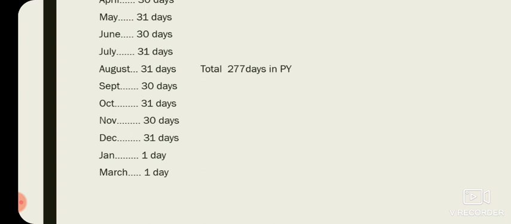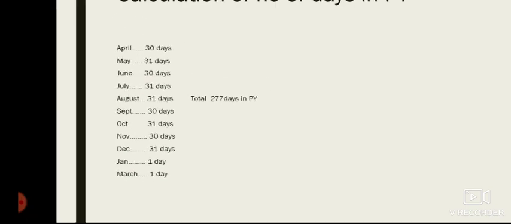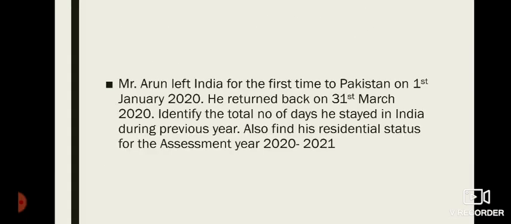Why have I included January also in calculating the number of days? Because in the first condition itself we have seen that the day of leaving is considered as stay in India. The assessee left on 1st January, but 1st January is treated as stay in India. Therefore, January 1 day I have included. And when did he return? He returned back on 31st March.